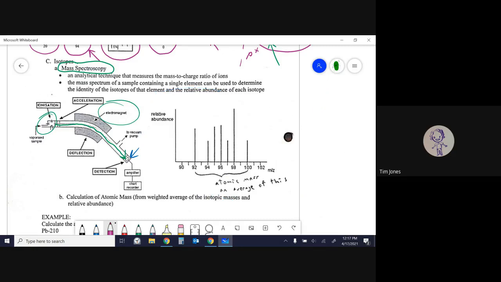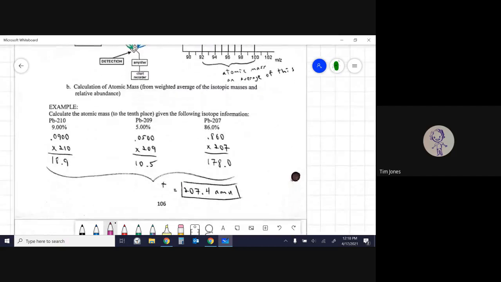Now, another calculation you might be given is you might be told the percentages of these peaks. This example I have is extremely simplified. It says calculate the atomic mass given the following isotopes of lead: lead 210, 209, and 207.